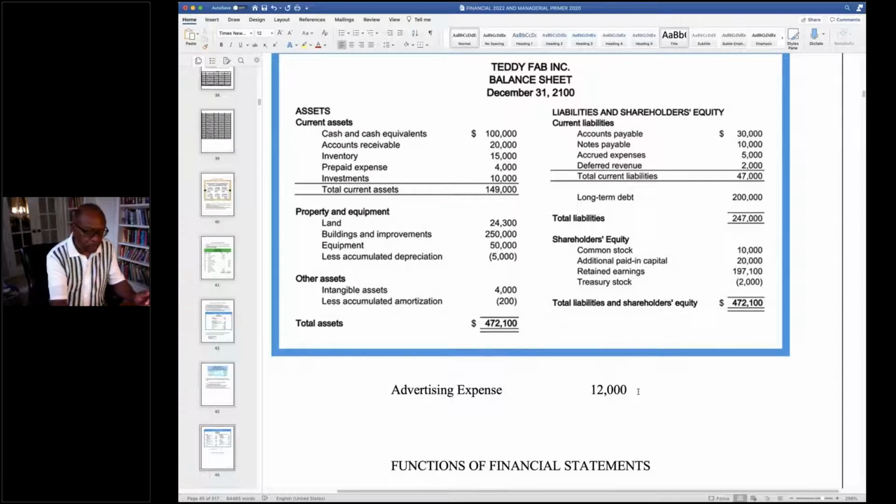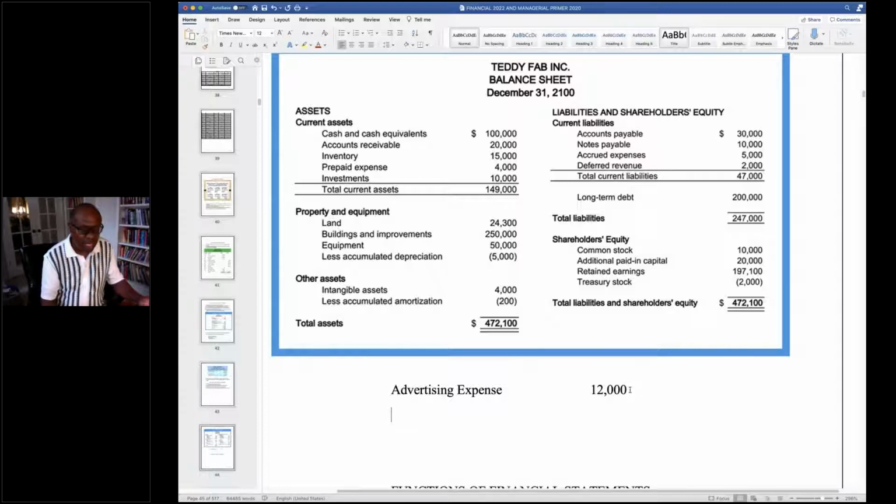And let's assume that you paid for this on account, so you didn't pay right away. Credit accounts payable, 12,000.